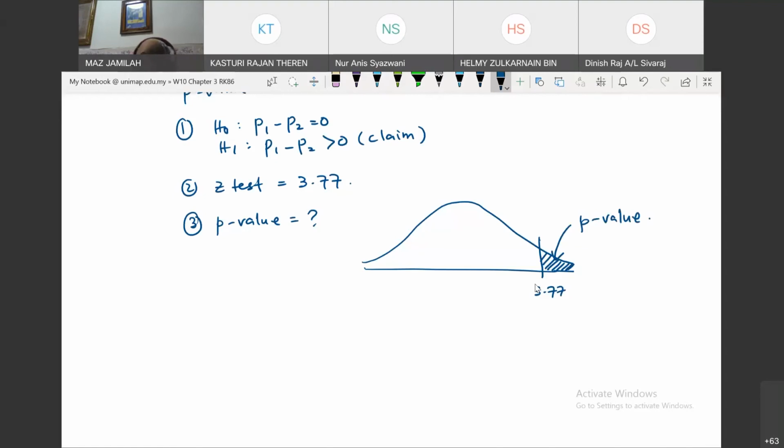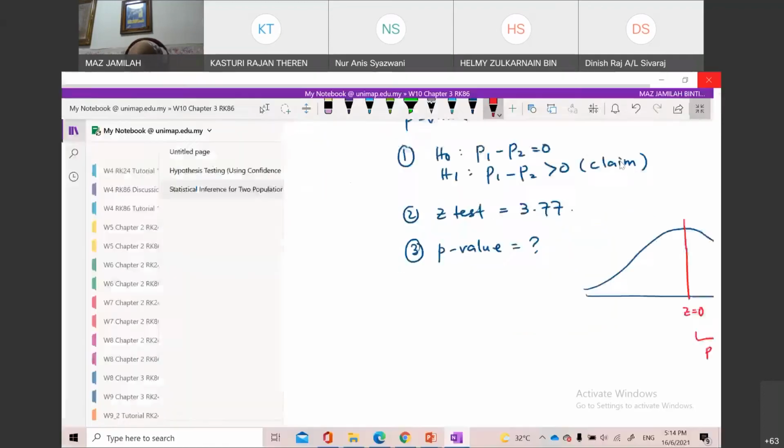Okay. And we know that using our first table, half of this is 0.5, right? If this is where z equal to 0. Now find the probability of z between 0 until 3.77. So let us look at our z first table.